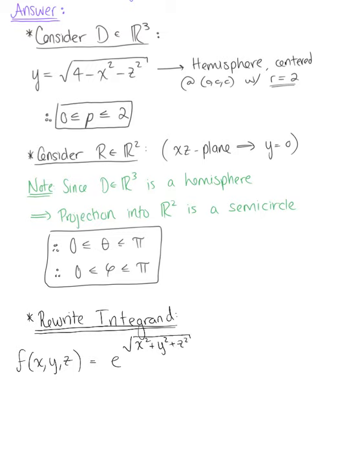And we again recall, since rho squared is defined as x squared plus y squared plus z squared, we can substitute that into the radicand of the square root. So our function in terms of rho, theta, and phi is now the natural exponential raised to the square root of rho squared, which simplifies to the natural exponential raised to the rho.